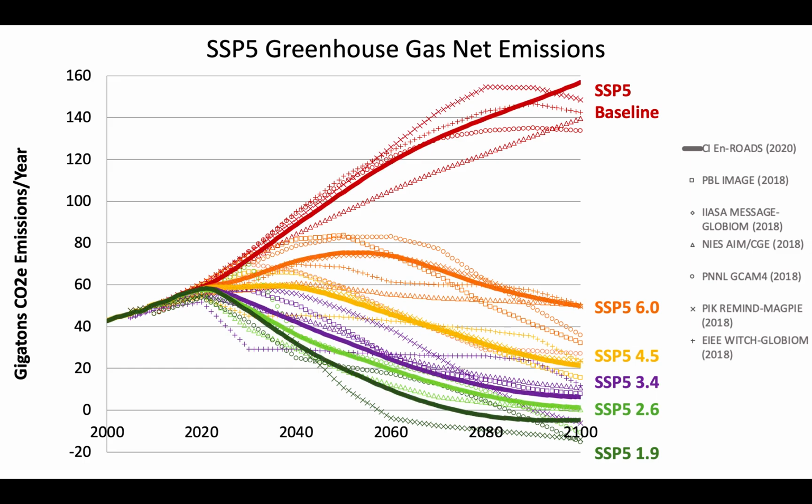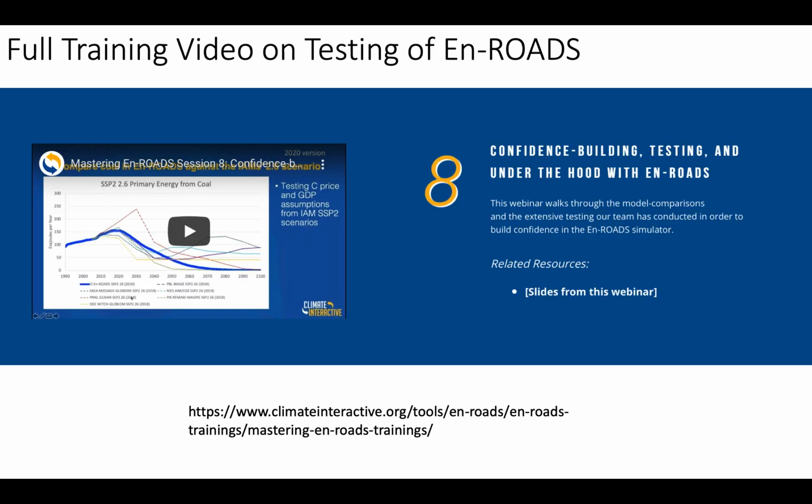And of course, our purpose is to make this kind of analysis accessible in real time to decision makers. That's why we complement these excellent integrated assessment models that are so great at capturing global dynamics. And by the way, if you want to learn more about all this testing, full training video number 8 on this website will get you there.